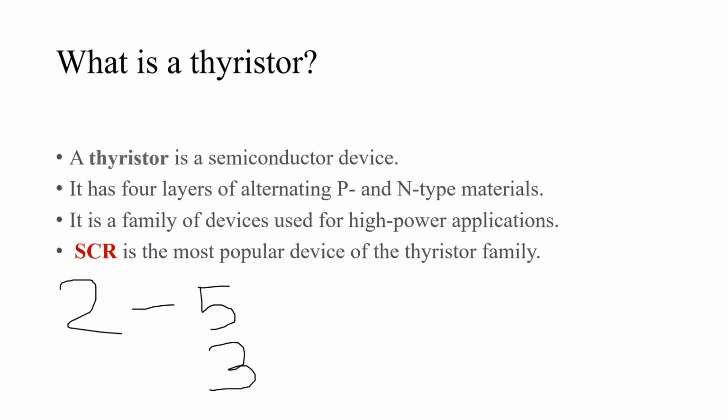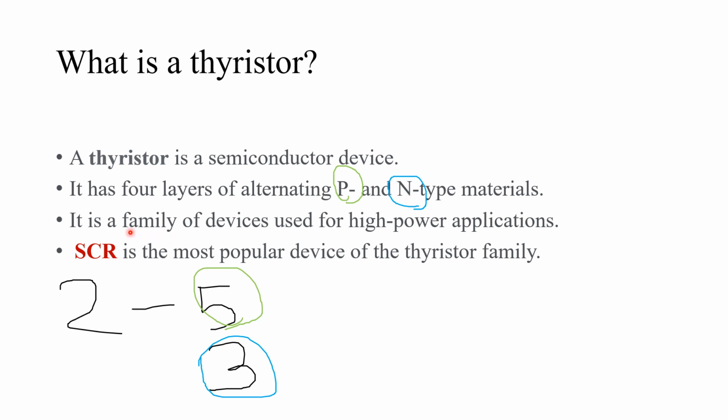Trivalent doping materials are those which have valency 3. Now this pentavalent type of dopant is added in N type material, and trivalent doping material is added in P type of material.